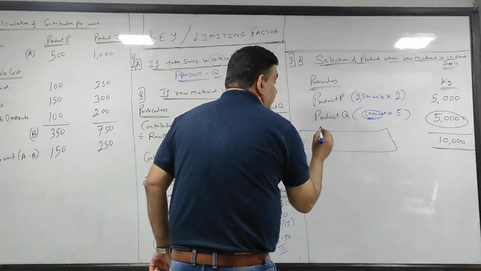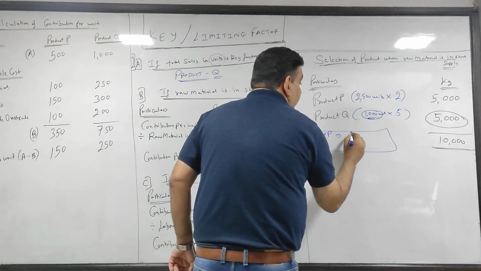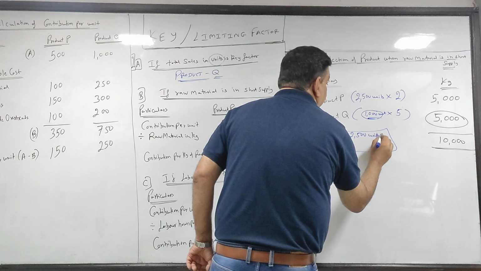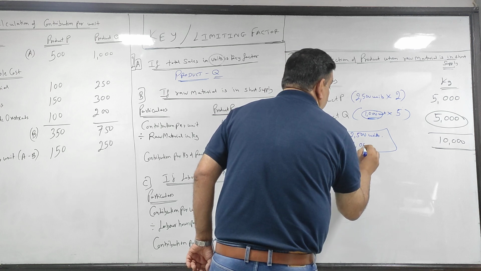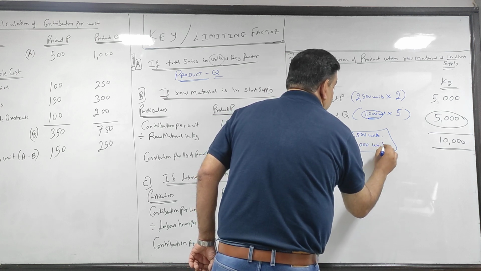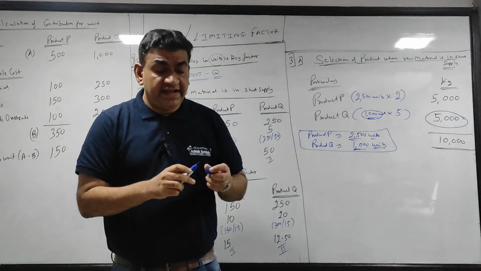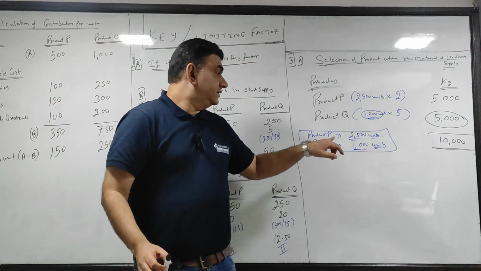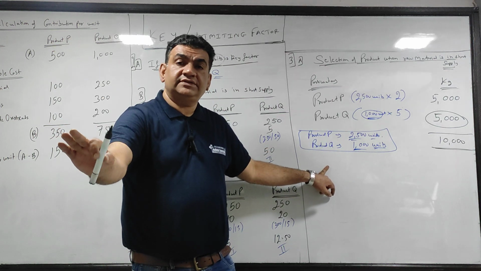So यहां पे कंक्लूजन ये होगा, what I will be doing is product P 2,500 units and product Q 1,000 units. Getting it? See, starting में मैंने क्या बोला? When there is a short supply, you have to compromise. दोनों maximum 2,500 units.